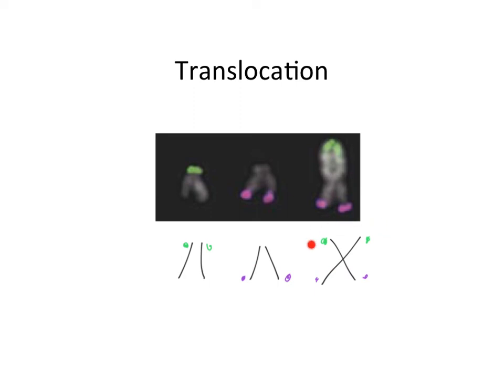The strange thing is that one chromosome demonstrates hybridization to both the green and the purple probes. So what's the interpretation of this? This suggests the presence of a translocation, that is, the physical fusion, say, of the telomeres of this chromosome to the telomeres of that chromosome. And if you add those 2 chromosomes together, like that, you get something that looks like the 3rd chromosome.